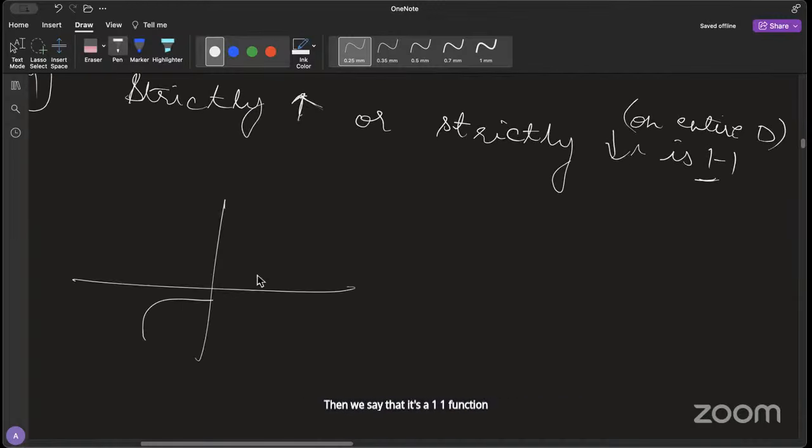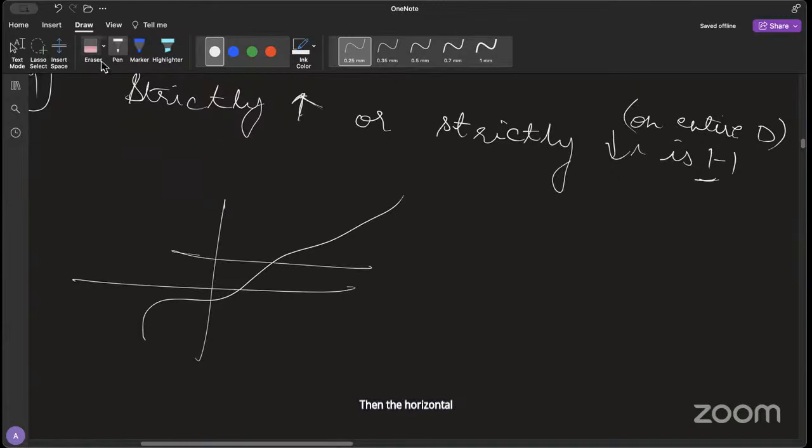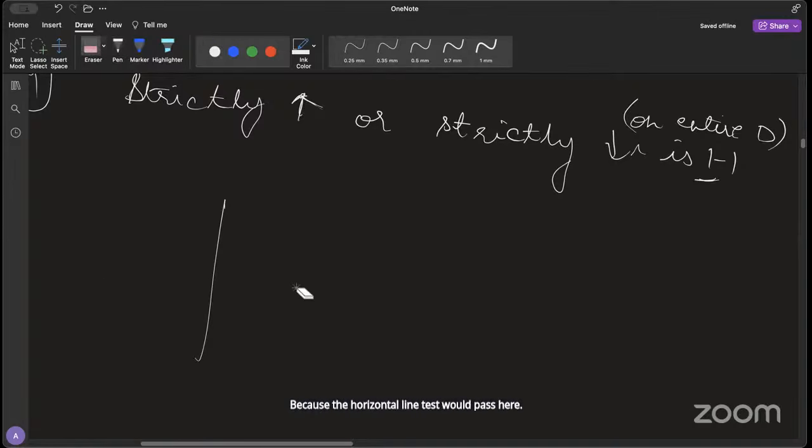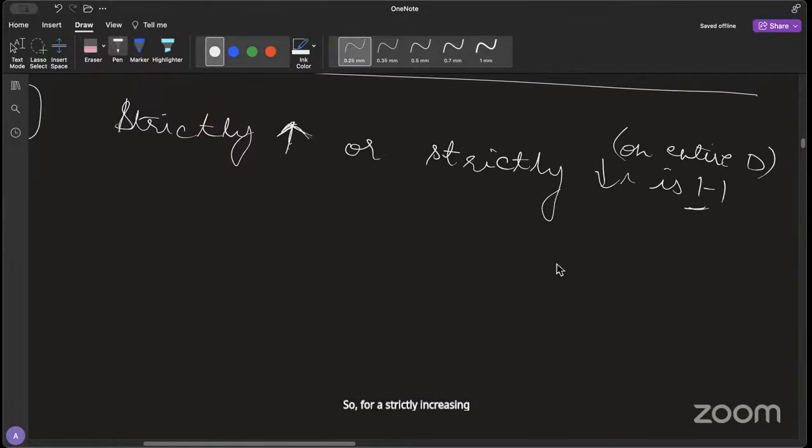If you have something like this, it's strictly increasing, then you can see why it's 1-1, right? Because the horizontal line test would pass here. This would pass the horizontal line test, that's why. So a strictly increasing or strictly decreasing function is a 1-1 function.